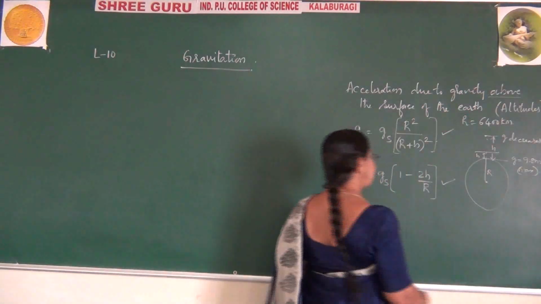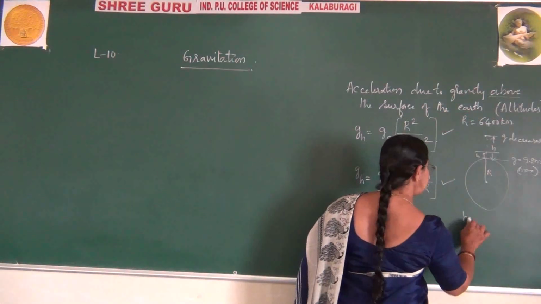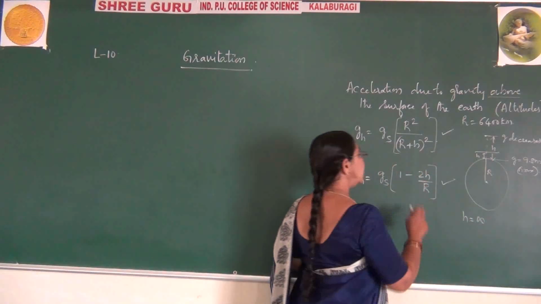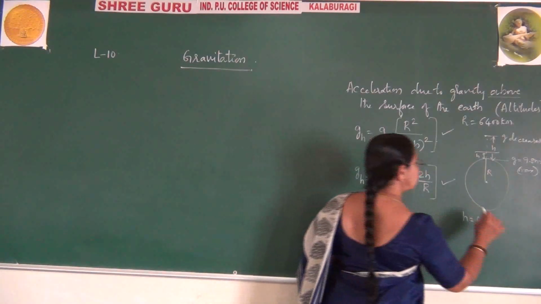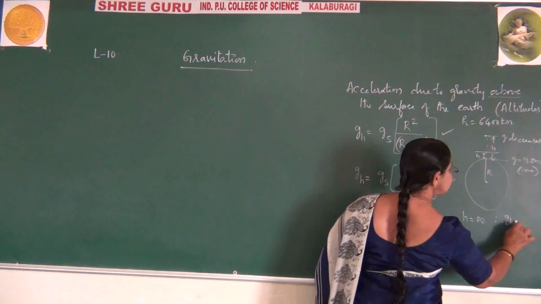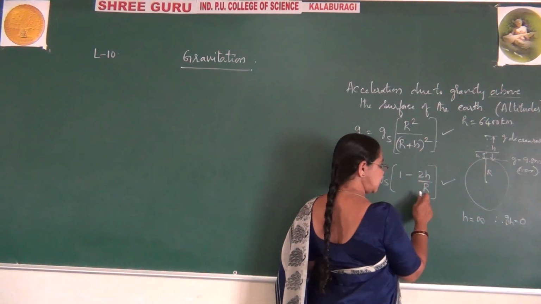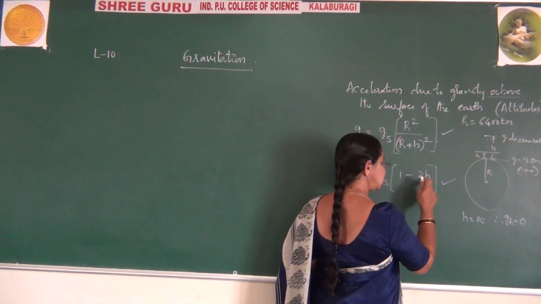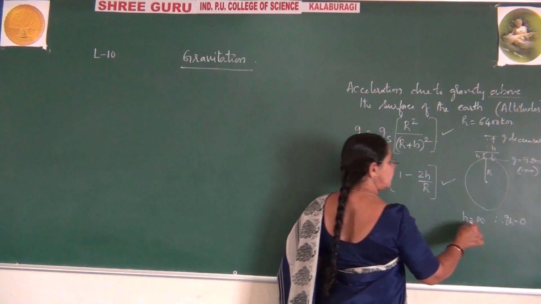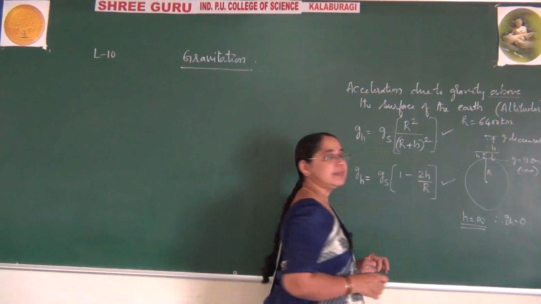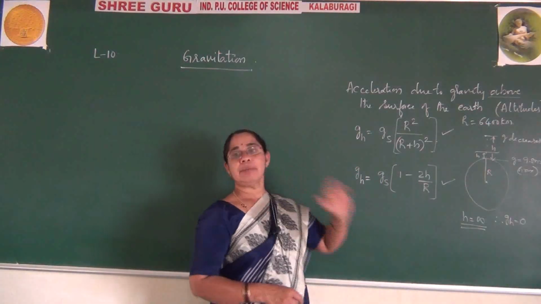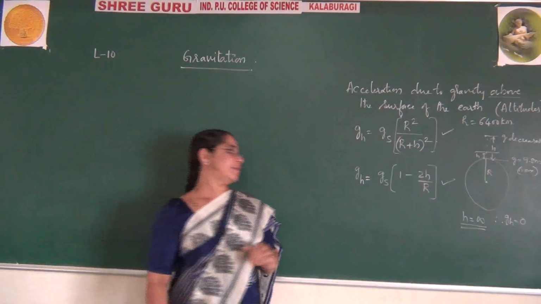For example, if h is equal to infinity, then g_h becomes 0, because infinity in the denominator, anything divided by infinity, becomes 0. So please be aware of that.